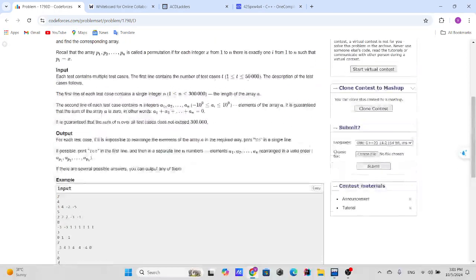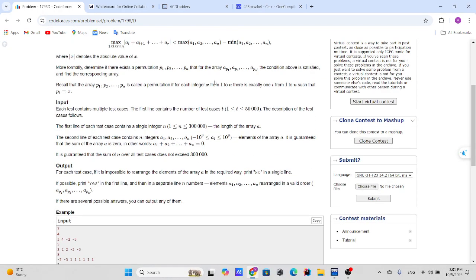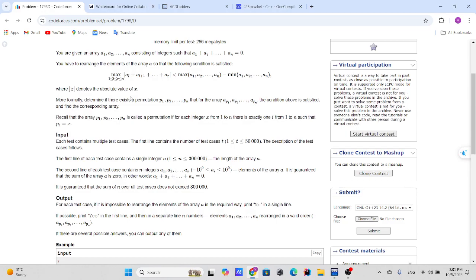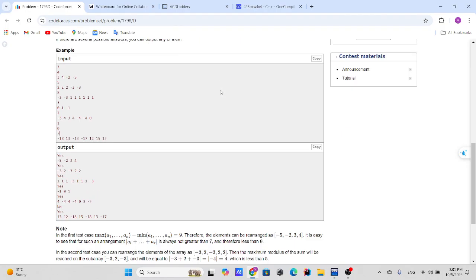I don't think this is involved in any type of algorithm, and it's just plain greedy or plain implementation. There isn't any real sign of using an algorithm here. Maybe DP, maybe a bit of dynamic programming, but I think that's it. But let's inspect further into this problem. Maybe we can find something.